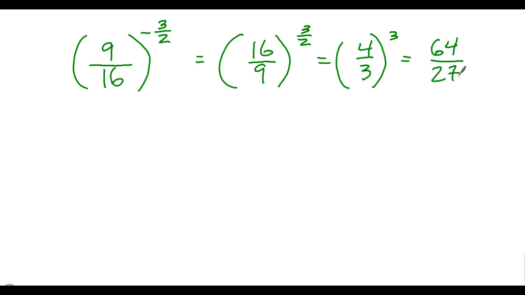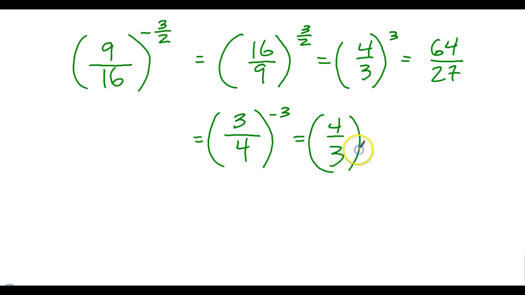Another way I could have done it is, instead of flipping it right away, I could take the square root right away, and then I would get 3 over 4 raised to the negative third power. And then from here we could flip it, so we could do 4 thirds cubed, right? And that's going to get me there again.